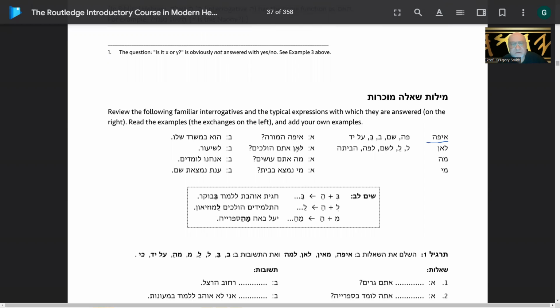Okay, so the first one here is the question, apho ha mora. That looks like where's the teacher? And here's the answer. It's probably more. Because I can see the answer starts with who, so it's he.